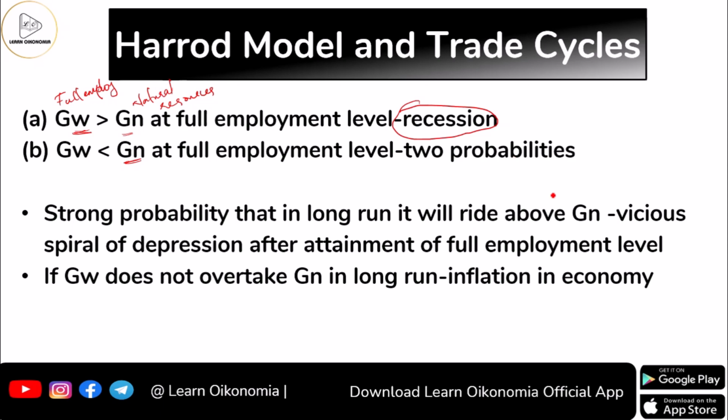If the situation happens like this, it will lead to a situation of depression. But if the warranted growth rate is not able to overtake the natural growth rate, again in the long run, this will lead to a situation of inflation.